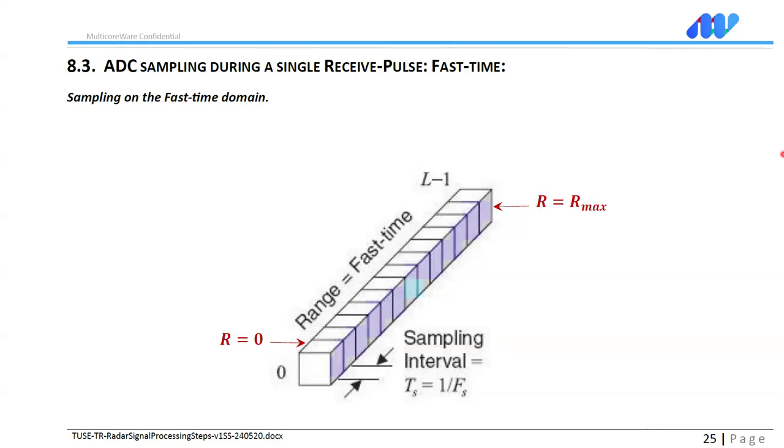We will discuss that too, because some other applications might call raw differently, but this is actually the raw signal. The samples do not carry any range, velocity, angle, or amplitude information yet. It's basically raw, it doesn't have any info. Generally, sampling starts immediately after TX shuts off, and it continues until the last sample from the furthest target is expected to arrive.